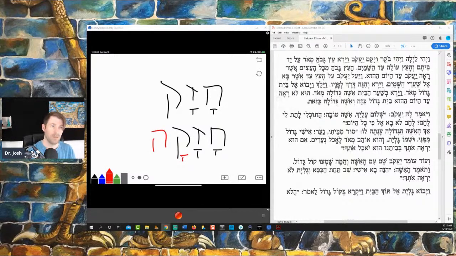Chazaka. Well, if we go through our process of syllabification, we come to this open pro-protonic syllable and we try to reduce it. What's going to happen? Well, we try to put a simple shva there, but if you remember, the gutturals, and resh, well, the gutturals in particular, tend to not like simple shvas. So what you end up getting here is a composite shva.